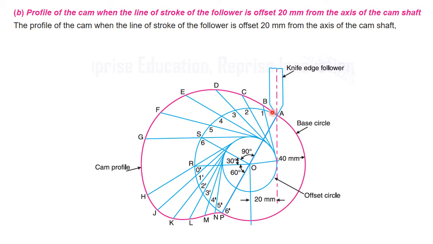If that point is small a, the next point will be small b, and the next point will be small c.